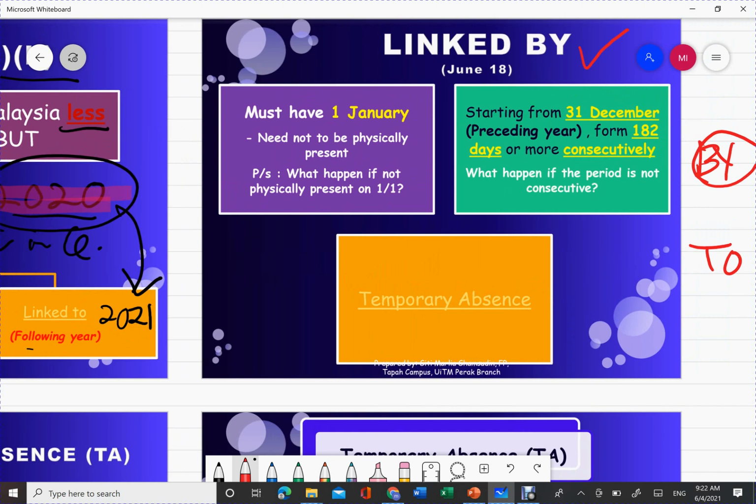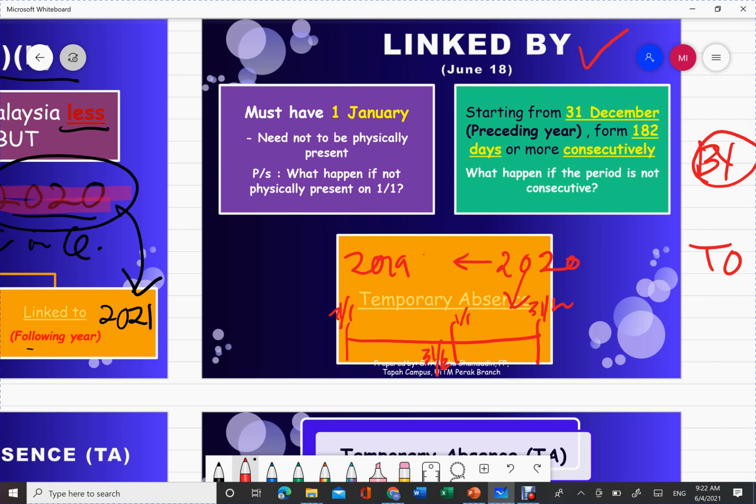If we link by, year 2020 is connected with year 2019. On the timeline, 2020 starts from 1 January until 31st December. Year 2019 is the same, starting from 1st January and ending on 31st December.